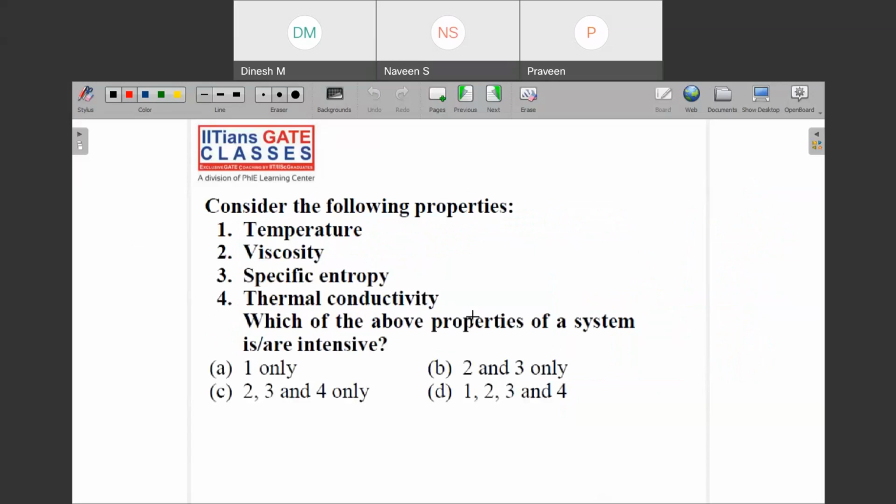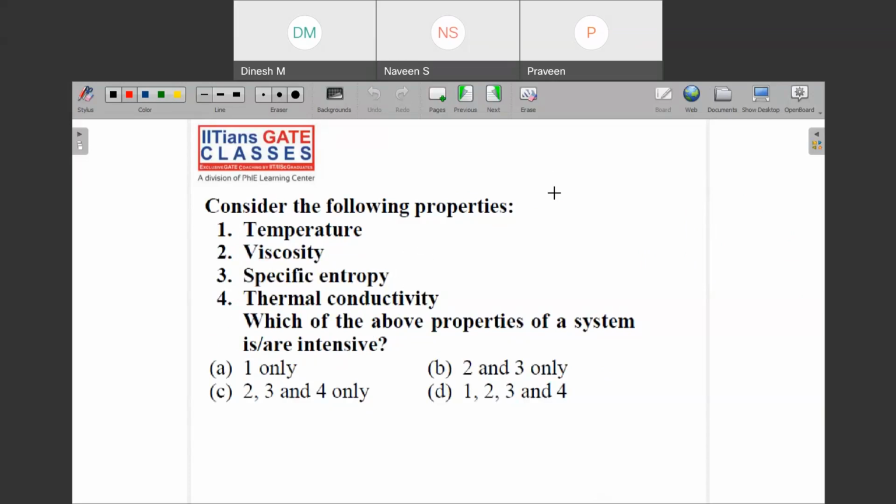The next question says that it has given you a few properties and it asks you to identify which among the following are intensive properties. So let us quickly identify intensive property.